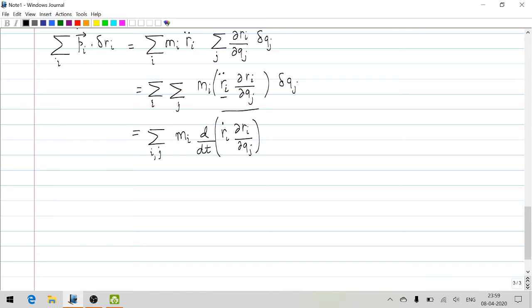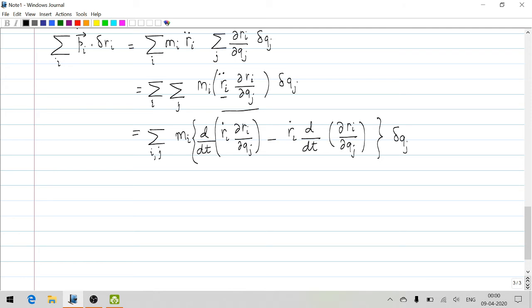Now if you expand this term in the u into v form, you will get one additional term, and that additional term I should subtract, which makes me write the second term as Ri dot d by dt of dou Ri upon dou Qj delta Qj.